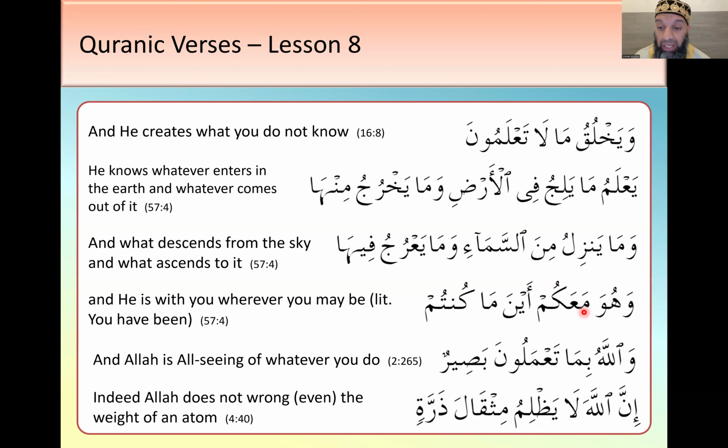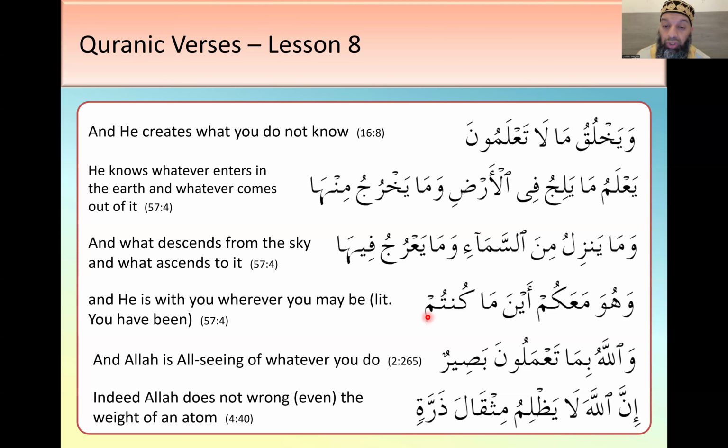Wahuwa, and he. Ma'akum, with you all. Aynama means wherever. Aina by itself means where. Like, Aina tadhhab, where are you going? Min aina anta, where are you from? So aina means where, and aynama means wherever.